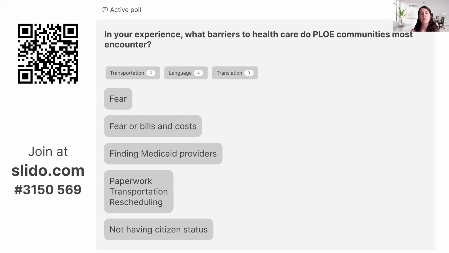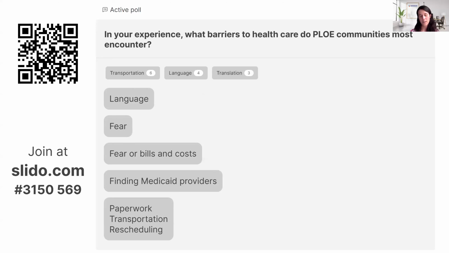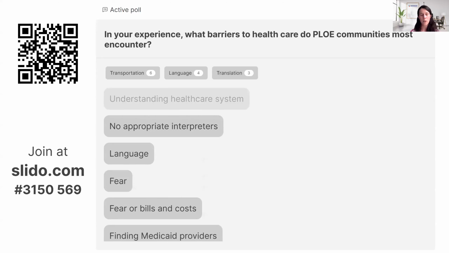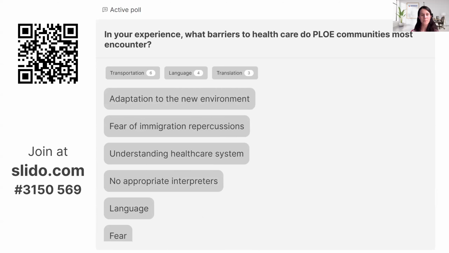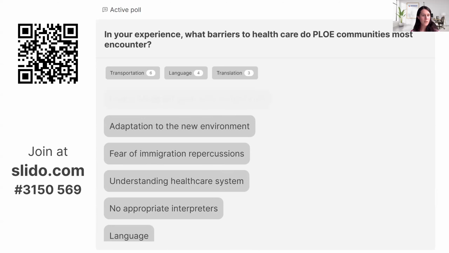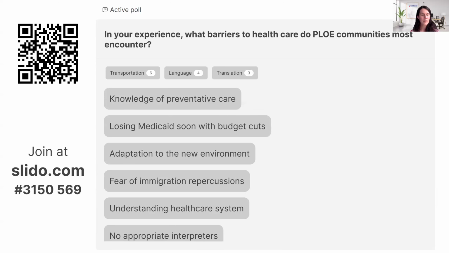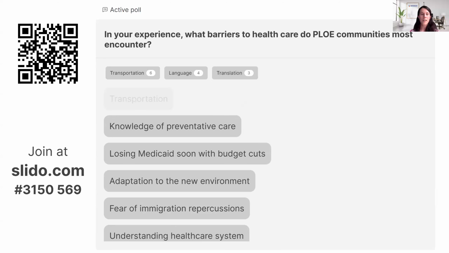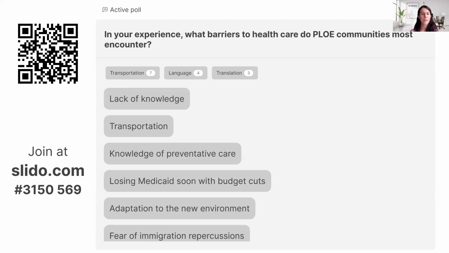Bills, especially if they're bills that Medicaid should have covered. And then there's confusion about whether they should have covered it or not. Fear of immigration repercussions. Yep, losing Medicaid soon. Knowledge of preventative care. Yes, we'll talk about that as well. Lack of knowledge.